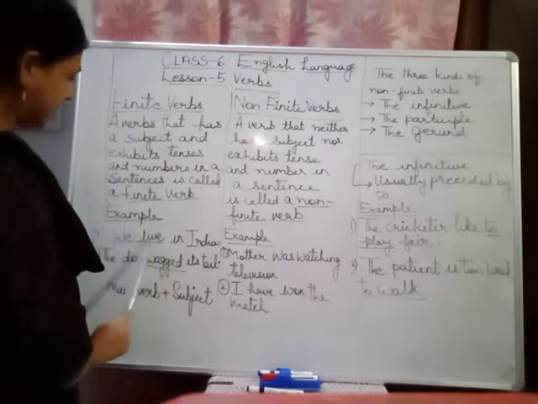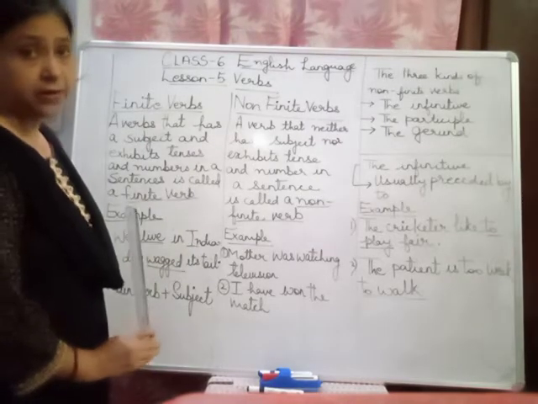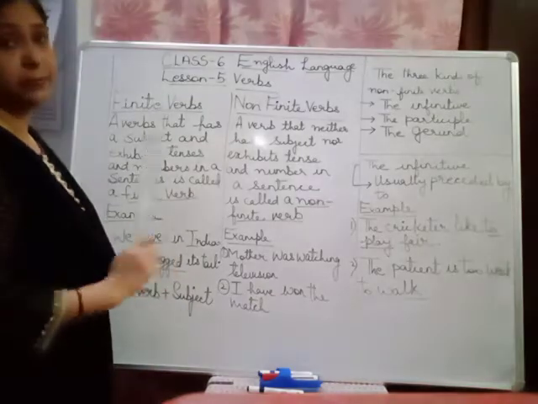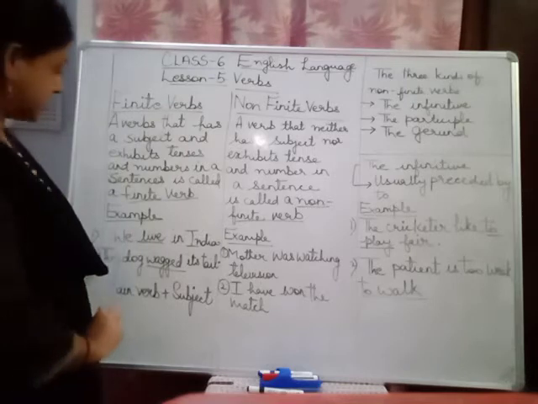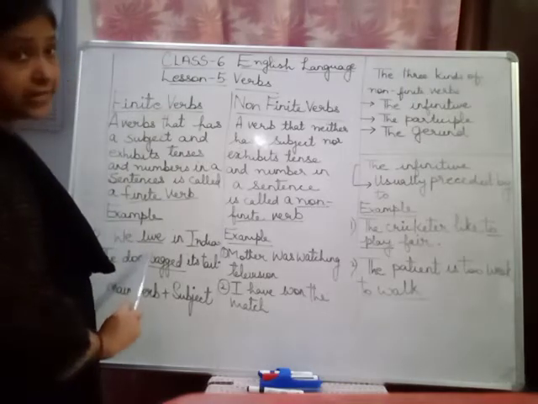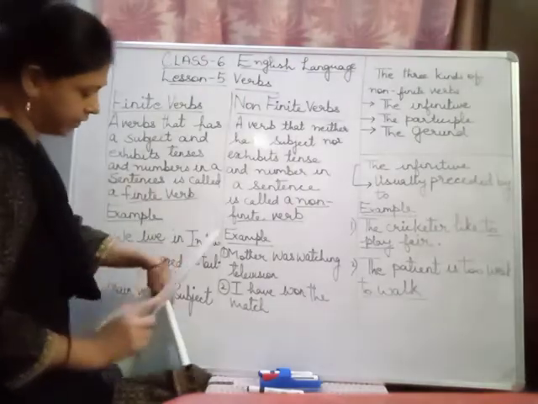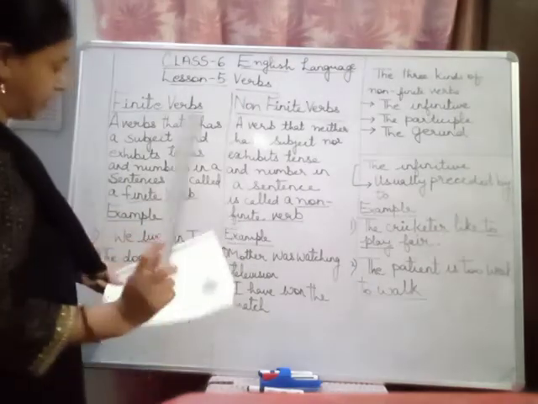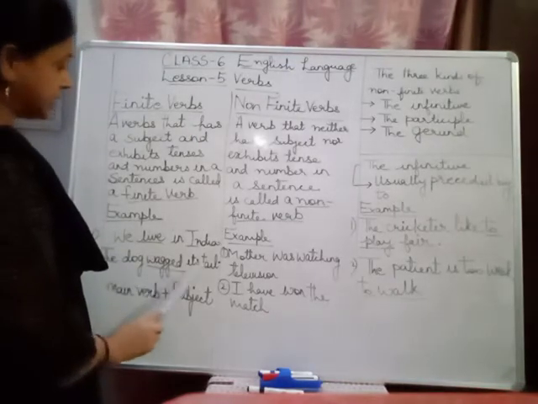Example: we live in India. It is telling us about the number. We, all the people of the country. So we see the number over here and the tense also. Lives. We are living in India. The dog wagged its tail.